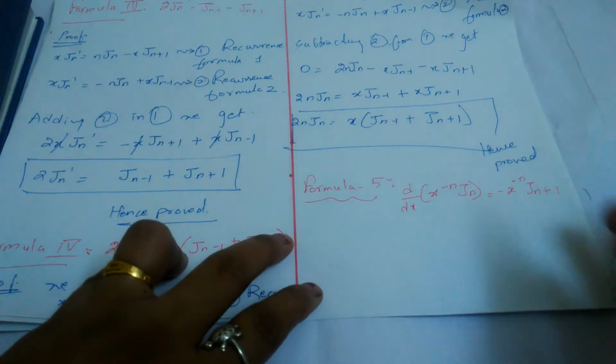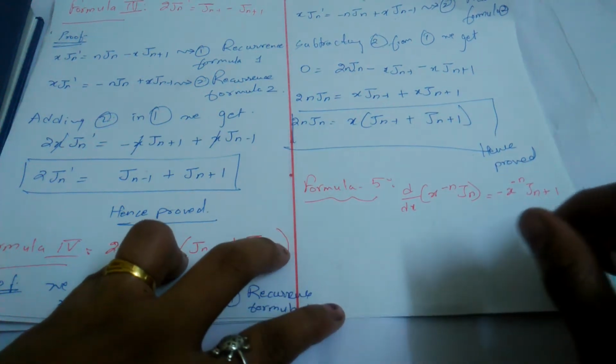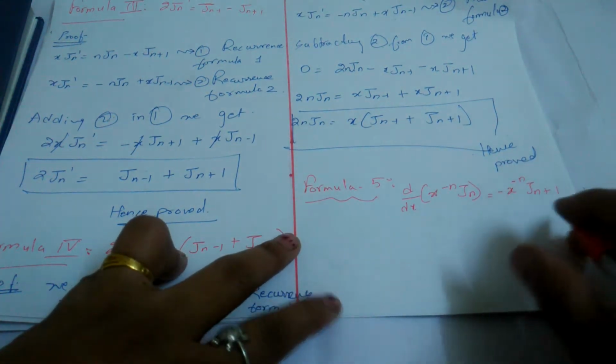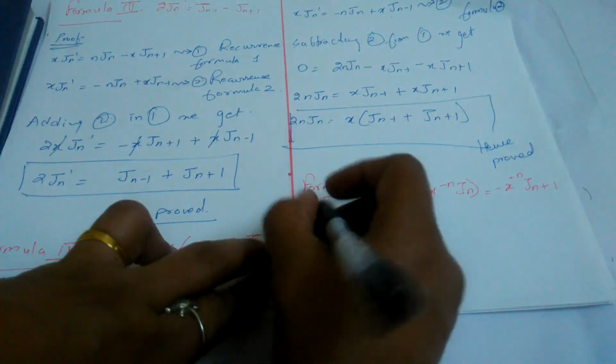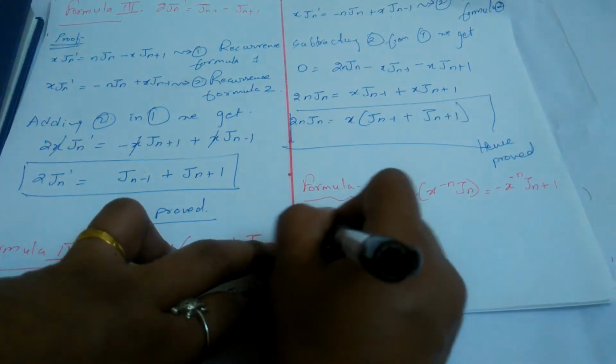For the sixth formula it will be J of n minus 1. That's it. So these are the two which we will be solving now. So proof.